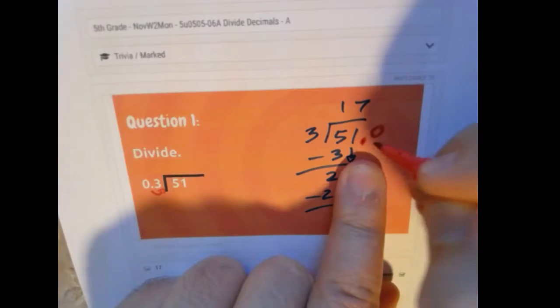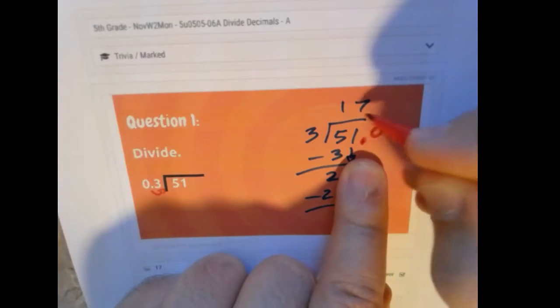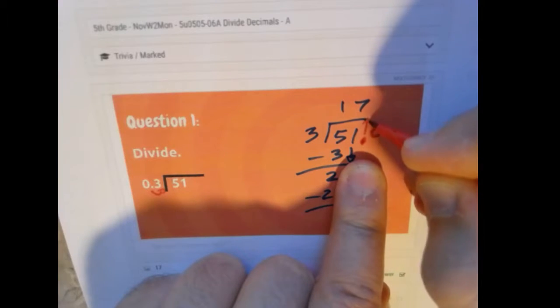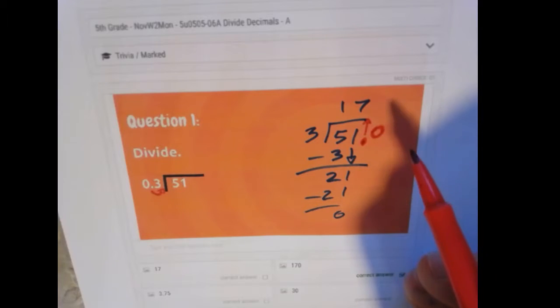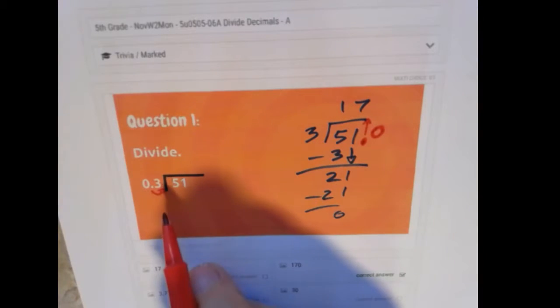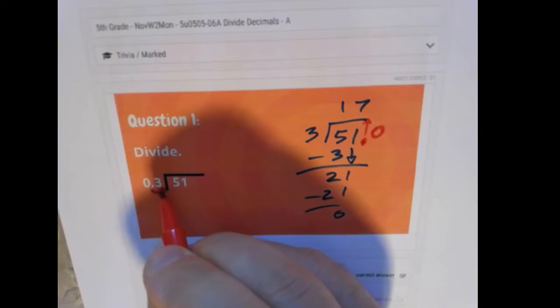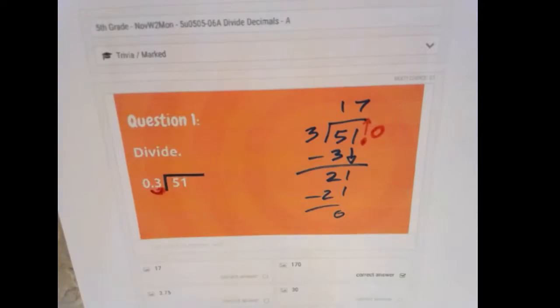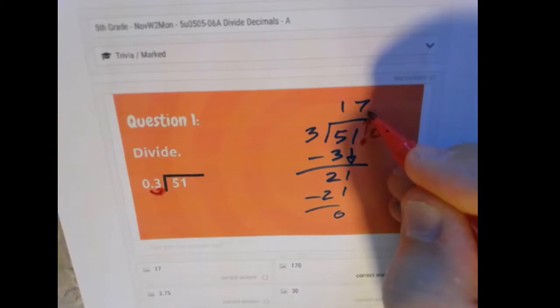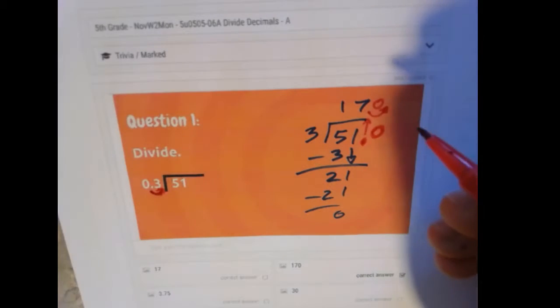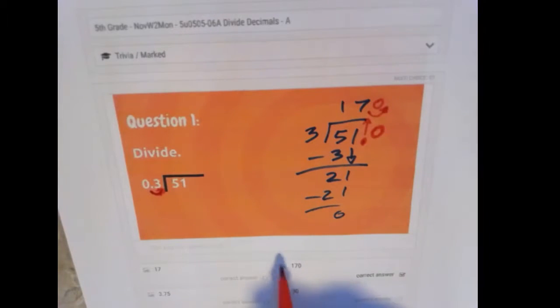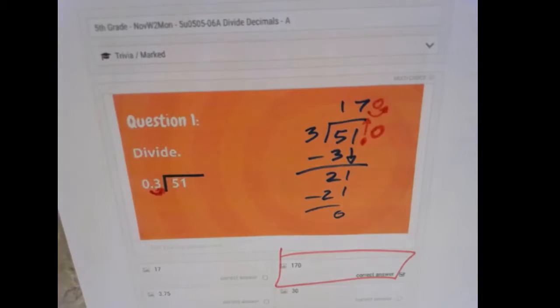So where would there be a decimal? Since we were very careful with where we place the digits, there would typically be the decimal here at 17.0. But since at the beginning we moved this decimal to the right one, we're also going to move this decimal to the right one. And of course there's going to be a placeholder. So the answer we're looking for is actually 170.